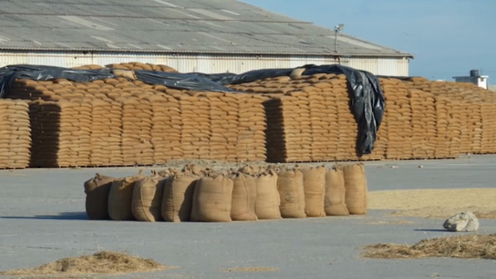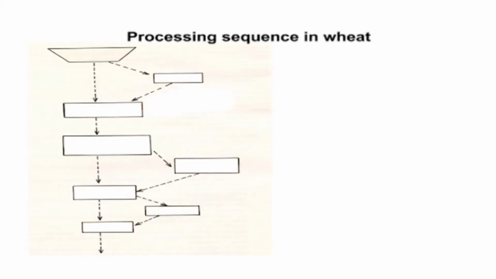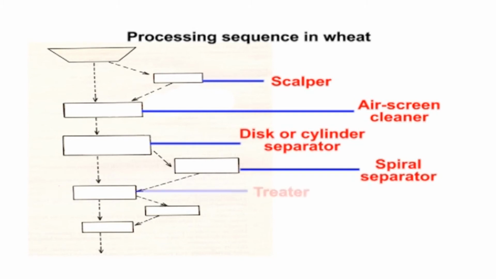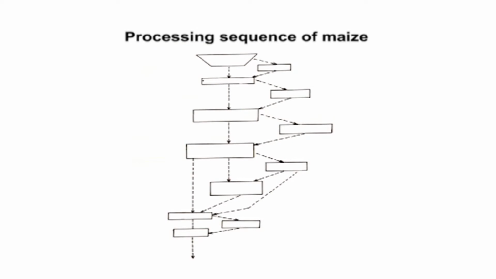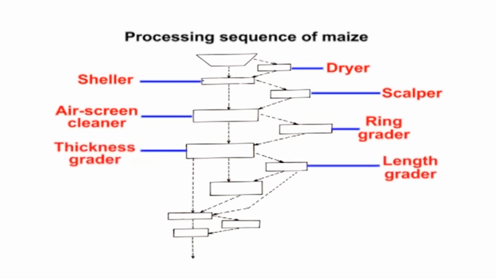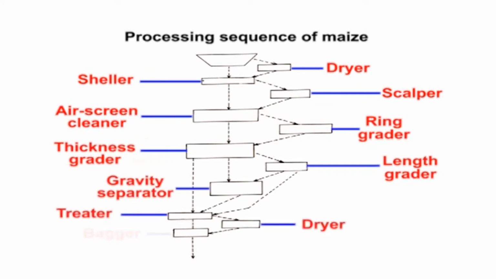The processing sequence in wheat consists of a scalper followed by an air screen cleaner, which is then followed by a disc or cylinder separator, spiral separator, treater, dryer and finally bagger. The processing sequence of maize consists of a dryer followed by sheller, scalper, air screen cleaner, ring grader, thickness grader, length grader, gravity separator, treater, dryer and finally bagger.